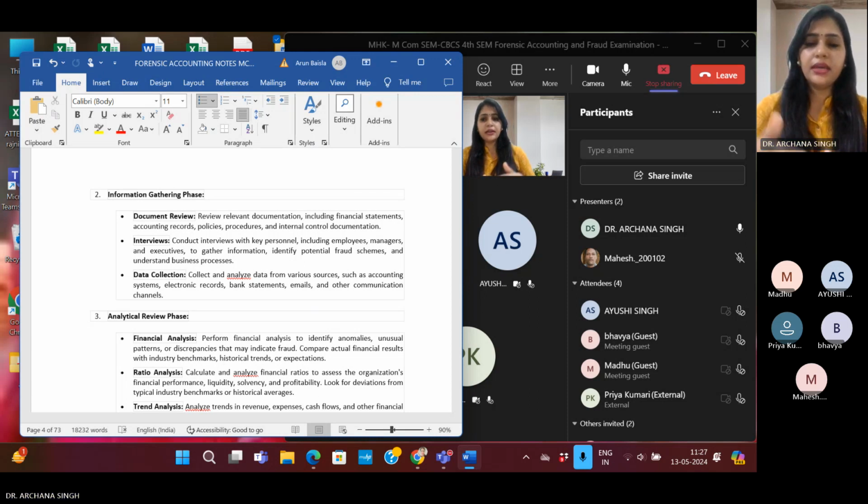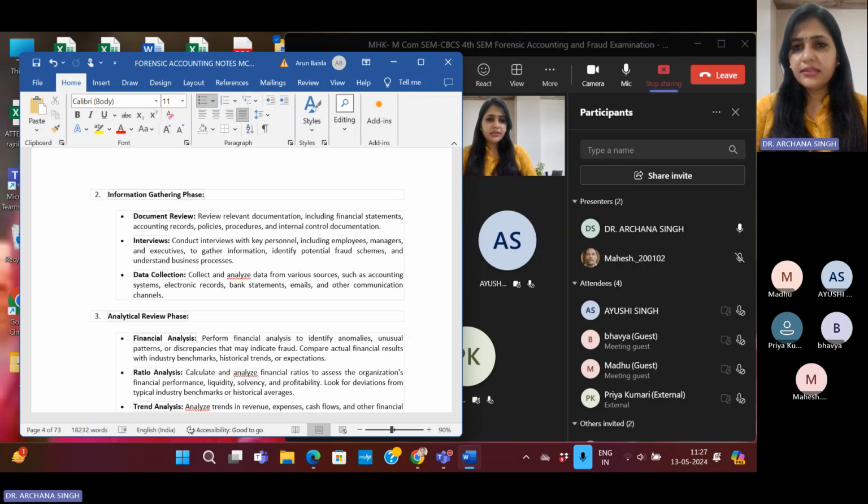Means they had to analyze कि whether the data that they had collected is shown and appearing in the accounting systems, in electronic records, in bank statements. Okay, so this is about information gathering phase.